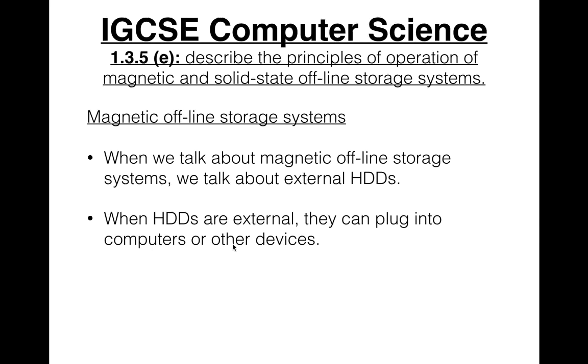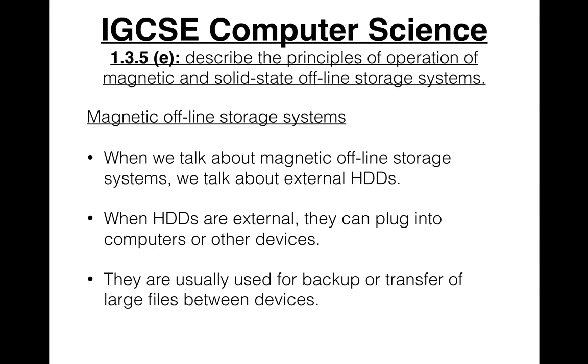When hard disk drives are external, they can plug into computers or other devices. When we were looking at secondary storage, we were looking at the storage on a device, like, say, a laptop. When we're talking about external hard drives, we talk about ones that plug in. And they're usually used for backup or transfer of large files between devices.